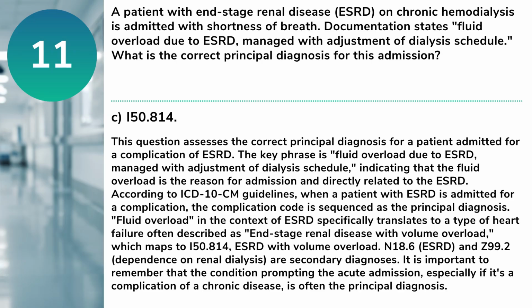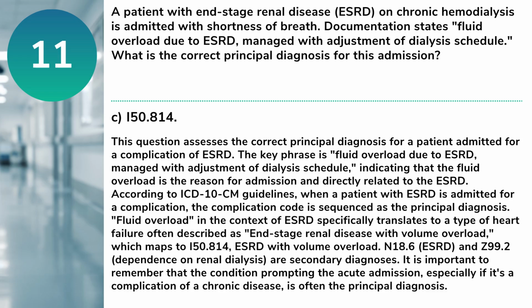According to ICD-10-CM guidelines, when a patient with ESRD is admitted for a complication, the complication code is sequenced as the principal diagnosis. Fluid overload in the context of ESRD specifically translates to a type of heart failure often described as end-stage renal disease with volume overload, which maps to I50.814, ESRD with volume overload.